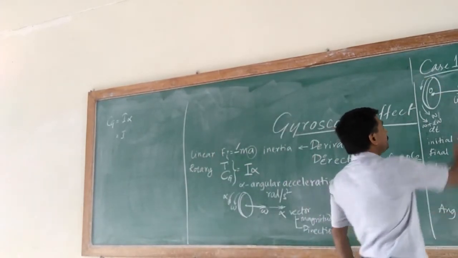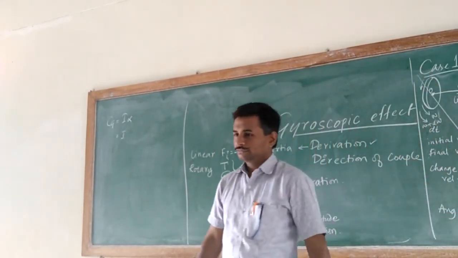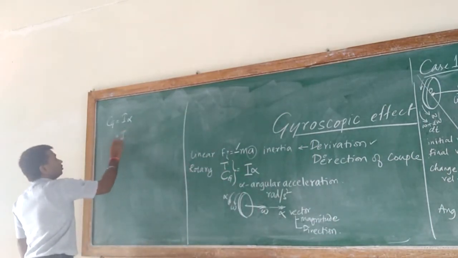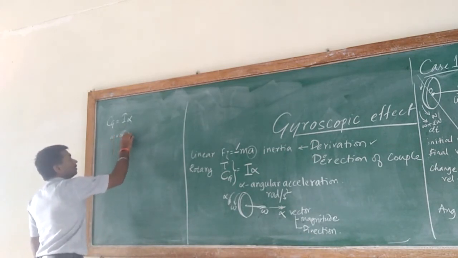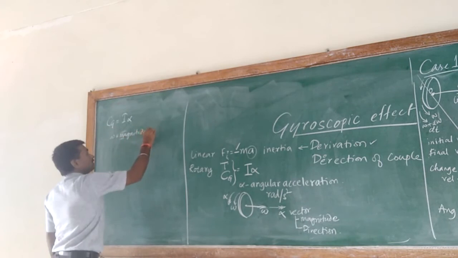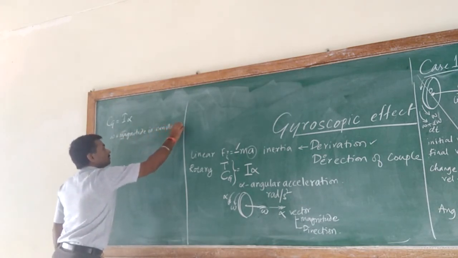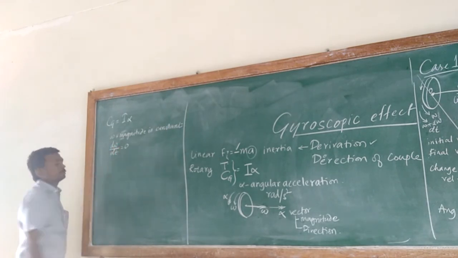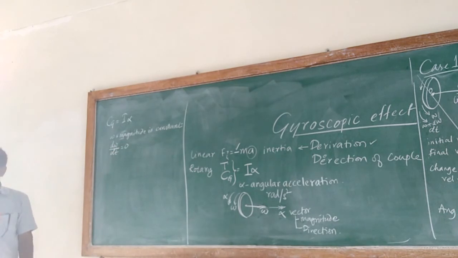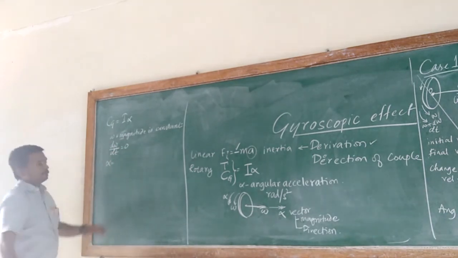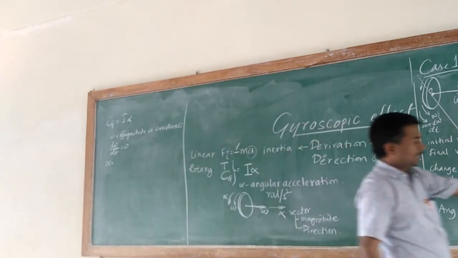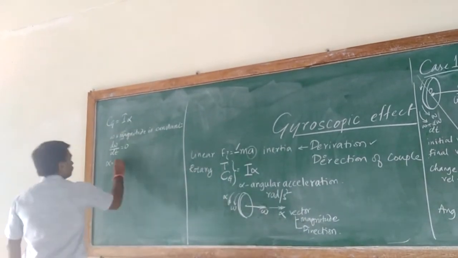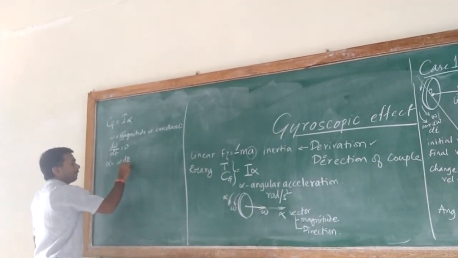So this acceleration we don't have to consider. Whenever omega magnitude is constant, d omega by dt will be equal to 0. So alpha will only be equal to the second case, omega d theta by dt.